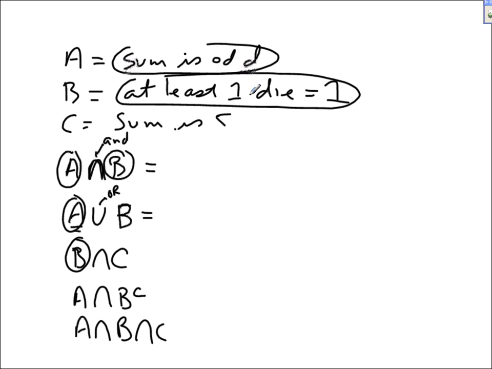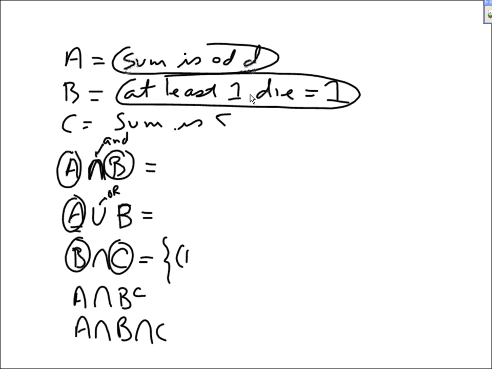That's for this. And the sum is 5. Okay. But let us describe it in roster form. Let's list the rolls of these two dice that have these two properties. The sum is 5, and at least one die is a 1.